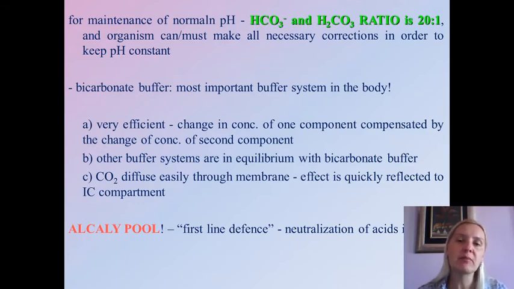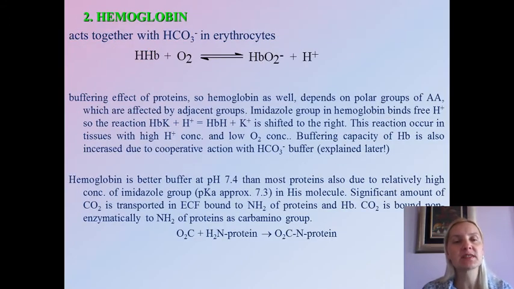Also, bicarbonate buffer is marked as alkali pool, or the first line of defense for neutralization of acids in blood. The second very important buffering system is hemoglobin, and it acts together with bicarbonate ion in erythrocytes.